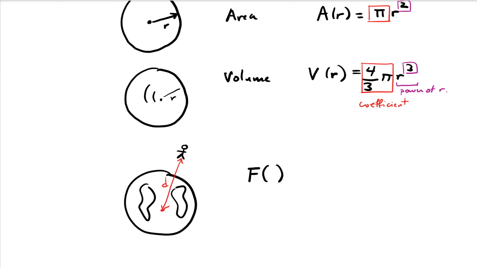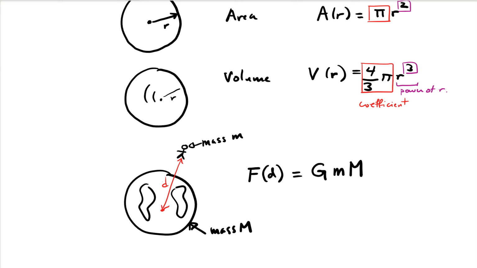So actually, f of d is equal to some constant G, called the gravitational constant, times the mass of the first object, let's say the astronaut, times the mass of the second object, let's call it big M because the Earth is bigger.